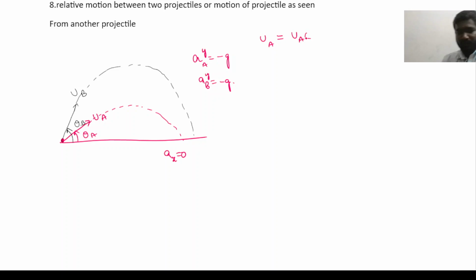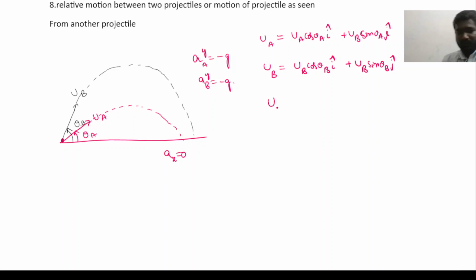That is, uA cos theta A times i cap plus uA sin theta A times j cap. Similarly, the initial velocity of B is uB cos theta B times i cap plus uB sin theta B times j cap.